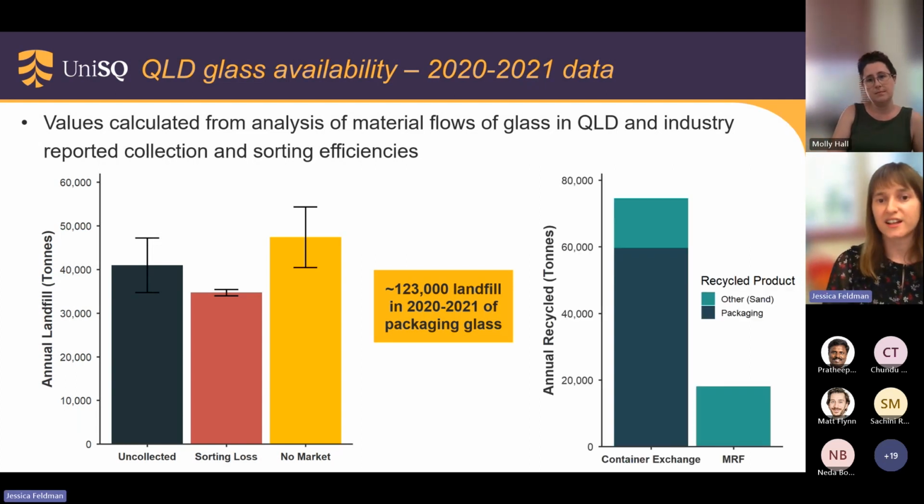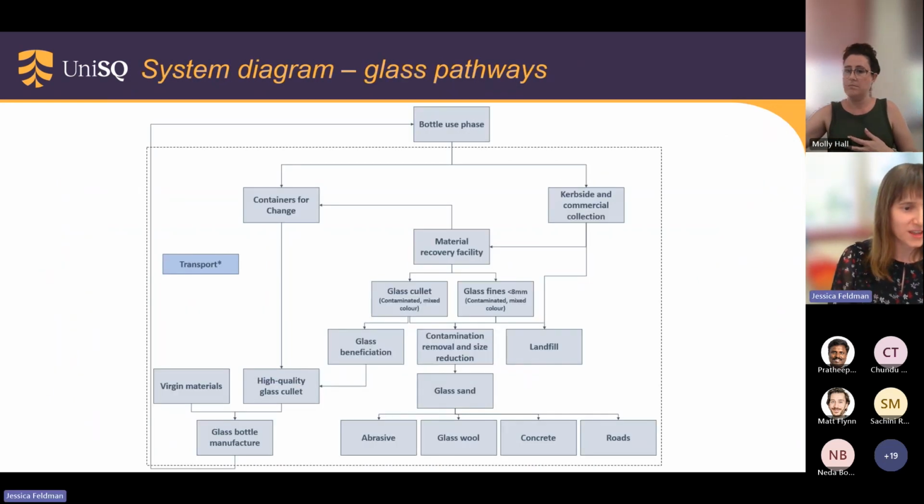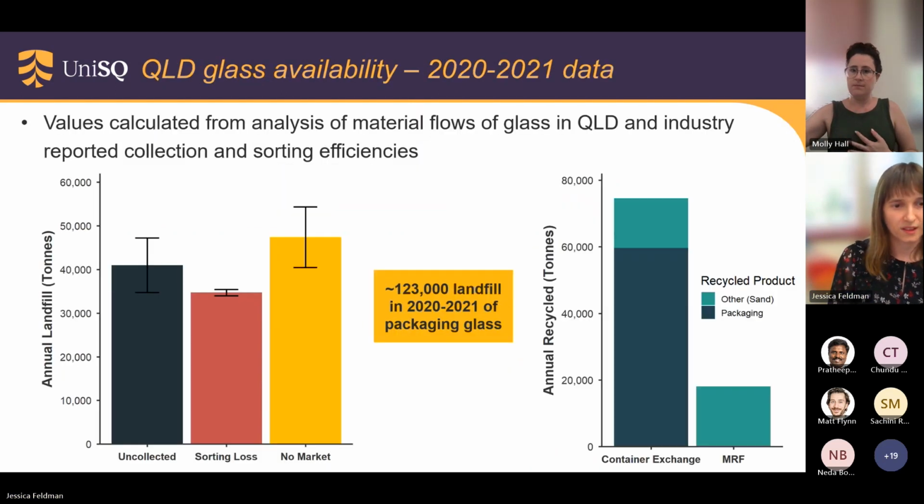So I also looked at the glass that was recycled. As I said earlier, there are two main pathways, container exchange or MRFs. Of all the glass that was recycled back into glass packaging, it all came from container exchange, the high quality cullet. And that pathway I showed you earlier, where they produce the glass cullet, is not really happening.